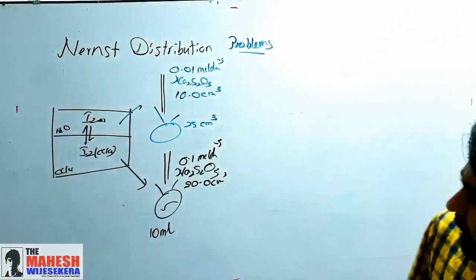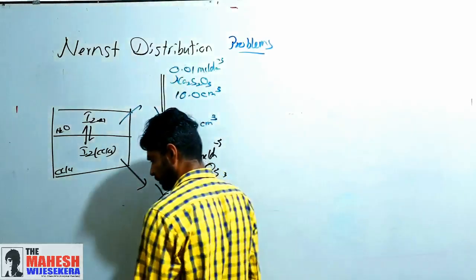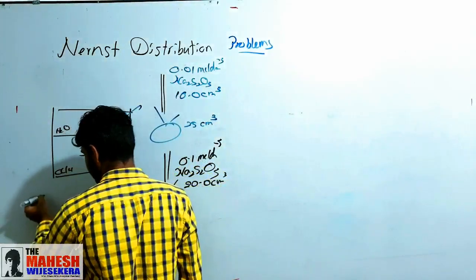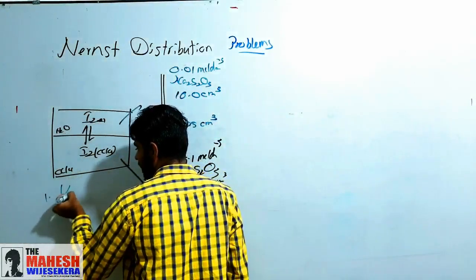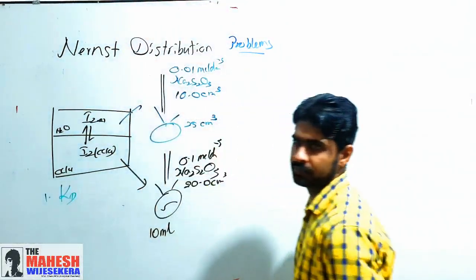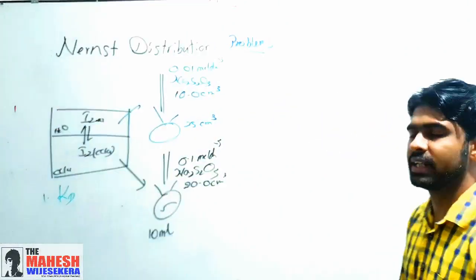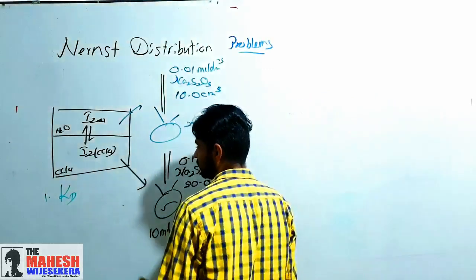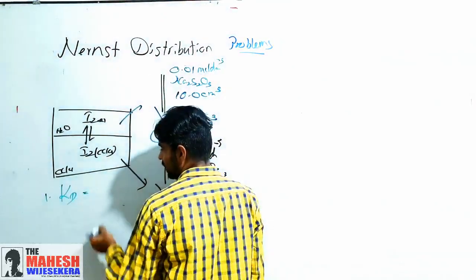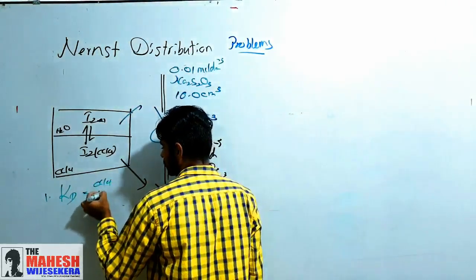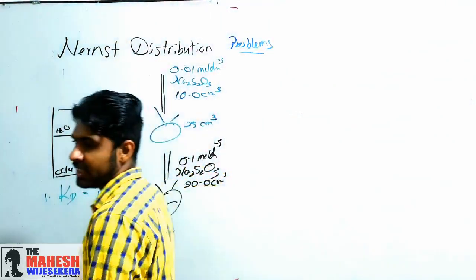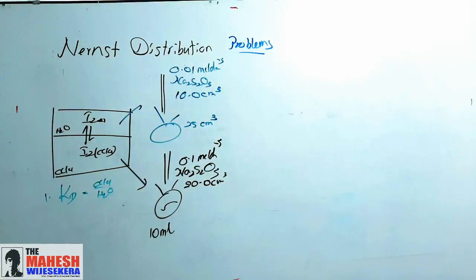First question. Calculate the distribution coefficient of iodine between CCl4 and water.